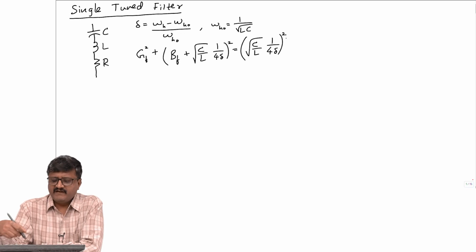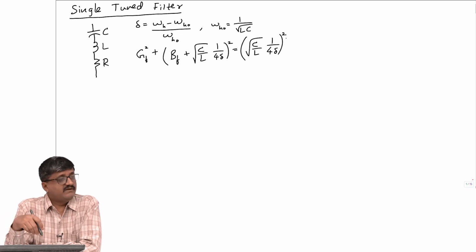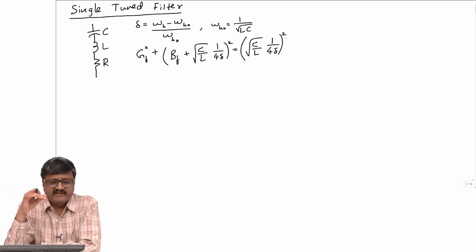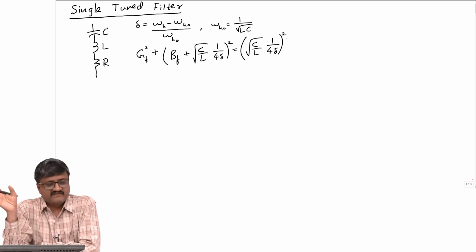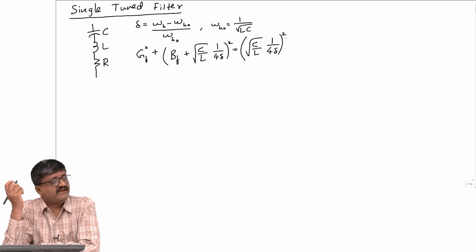For a given value of delta, this is an equation of a circle in the complex plane, with GF on the real axis and BF on the imaginary axis.